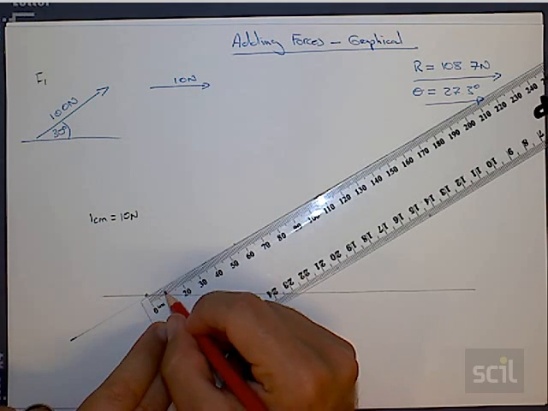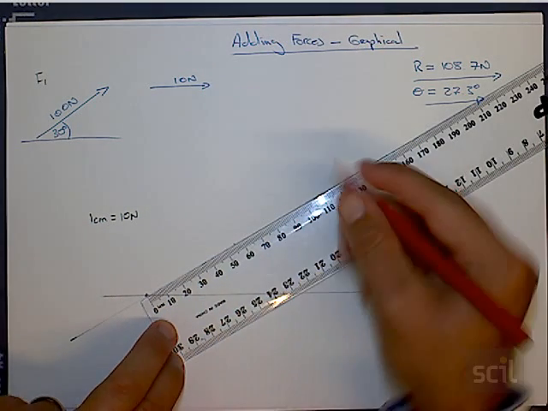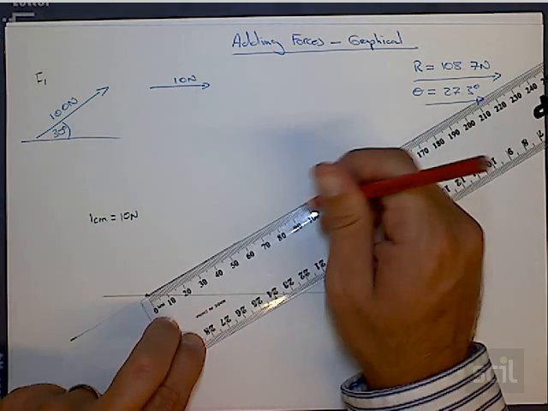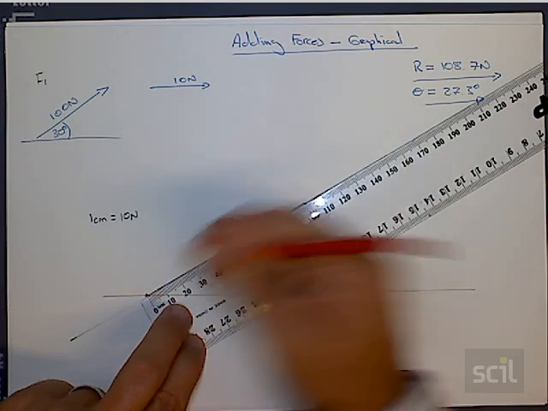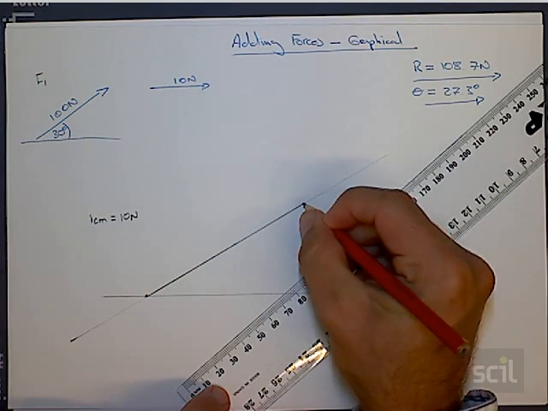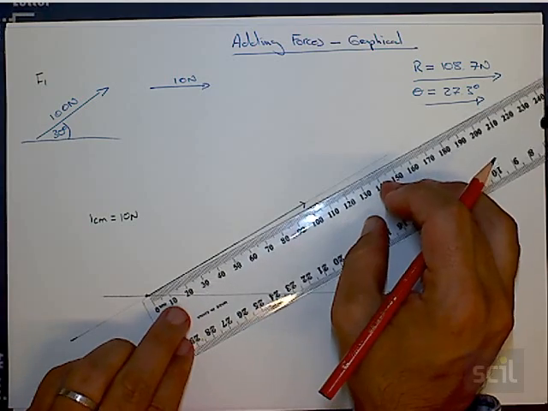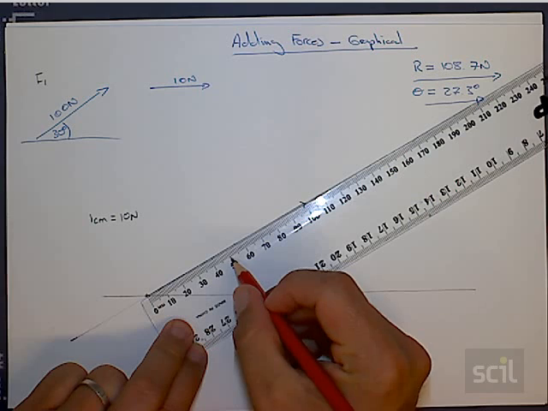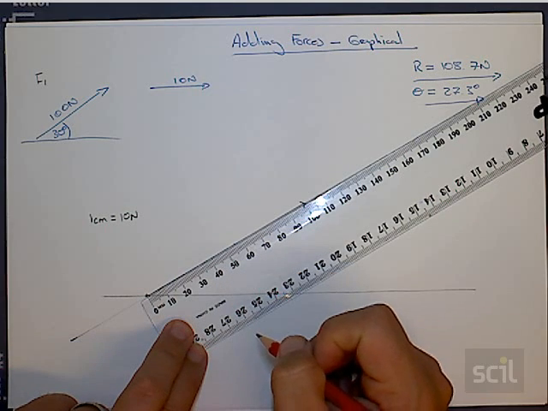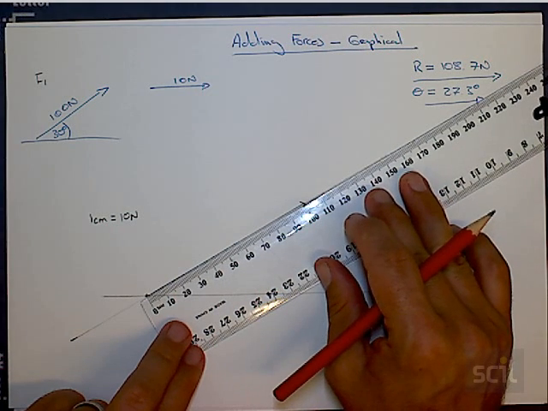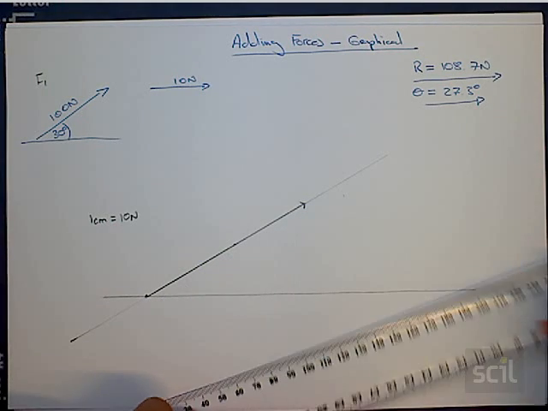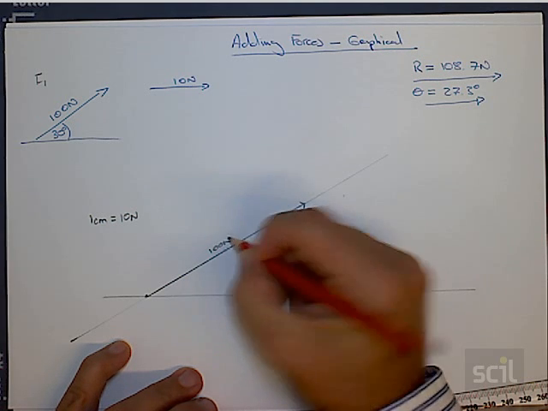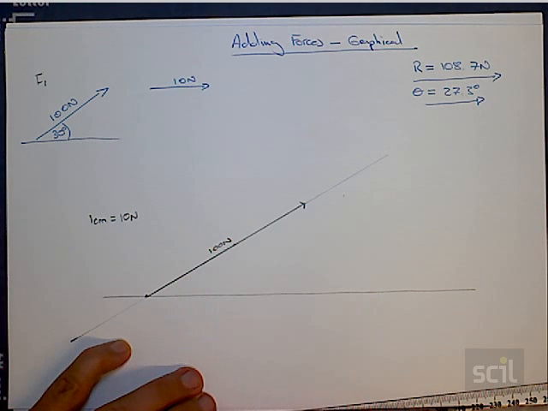If I do that, 10, 20, 30, 40, 50, 60, 70, 80, 90, 100 newtons is going to be a 10 centimeter long line. I've chosen that scale, but you could have chosen any scale. You could have chosen 1 centimeter equals 20 newtons, in which case your line only would have been 5 centimeters long. Now that I've got my 10 centimeter long line, I pull my ruler away, and I'll write 100 newtons just so that I remember exactly what it is.